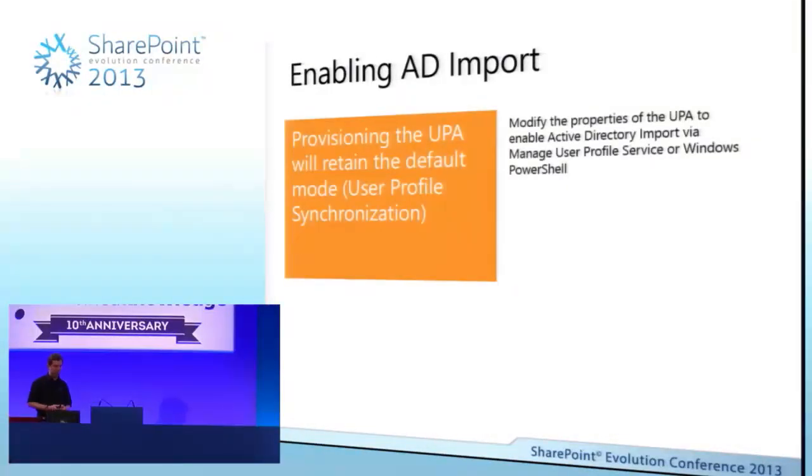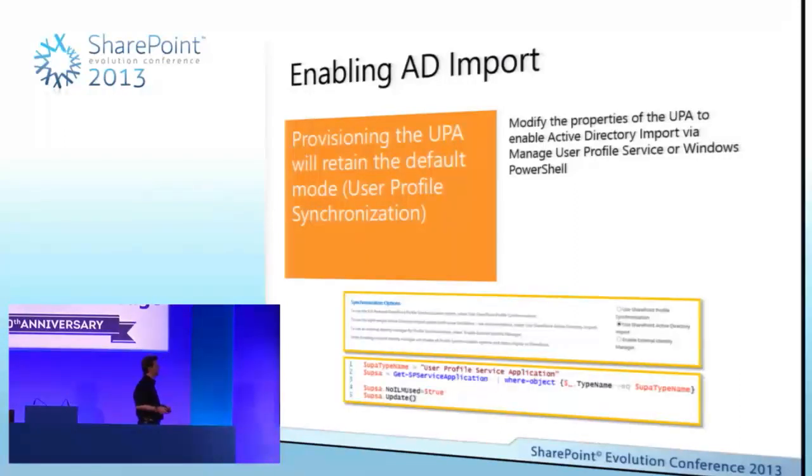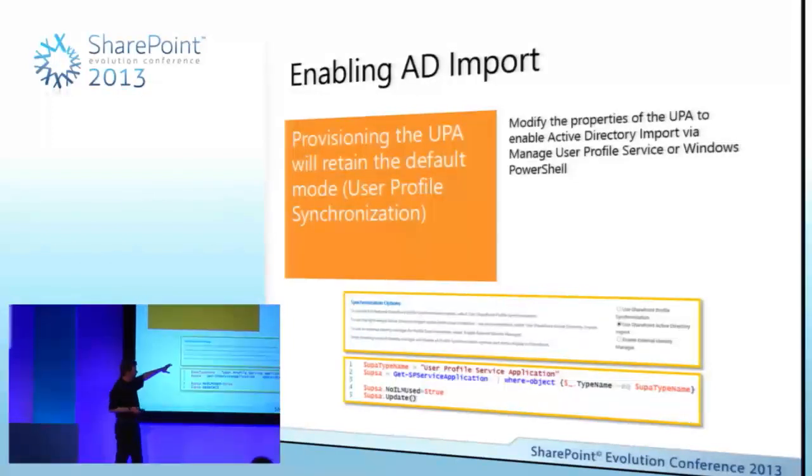So how do we enable it? Well, it's fairly straightforward, but out of the box, what we've just done on my demo machine is provision the UPA. We're still going to be stuck in the UPS default state, so we need to go turn this on, effectively change the option. We can do it in the central admin, which is this second option here in the middle screenshot, where we select to use SharePoint Active Directory Import.